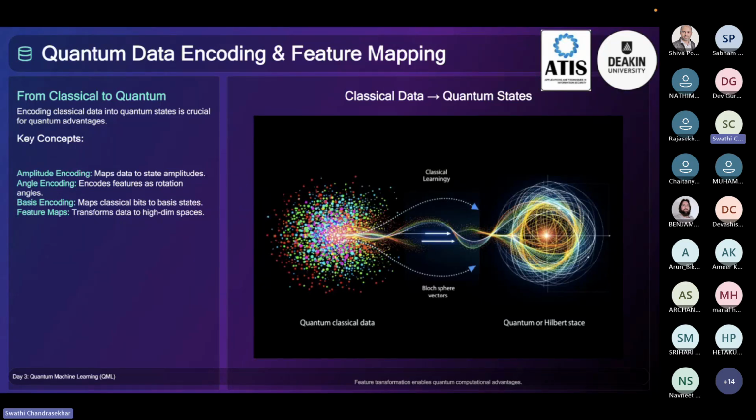First, we have different key concepts. Firstly, we'll go with amplitude encoding. In amplitude encoding, we pack all this data into the amplitudes of the quantum state. A system of n qubits has 2^n complex amplitudes, so this can, in principle, store a lot of information very compactly. For example, with 3 qubits, we have 2^3, 8 amplitudes.